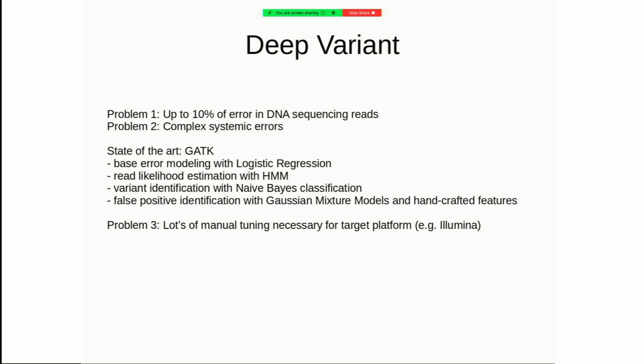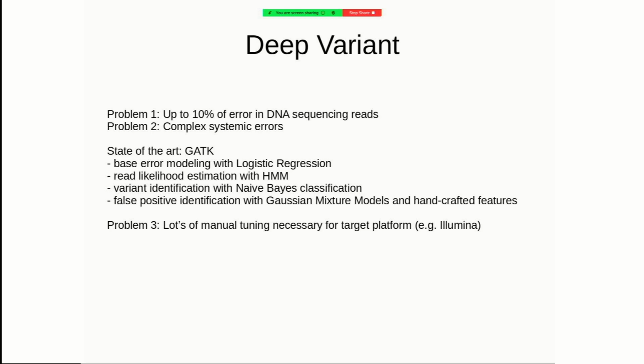And you see here what is done in the state of the art in GATK. So base error modeling using LR, then read likelihood estimation using hidden Markov models, variant identification using naive Bayes, and false positive identification using GMMs, and handcrafted stuff. And there's a lot of manual tweaking necessary depending on your platform.